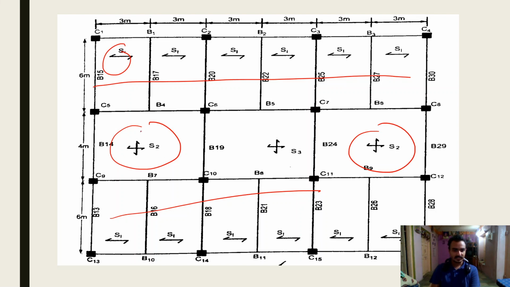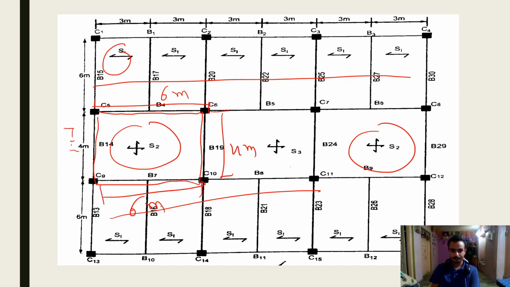the condition of S2. S2 has four sides: 4 meter, 6 meter, 4 meter, and 6 meter. So this S2 is not an interior panel. All edges are not continuous, only one edge is discontinuous. Which one?